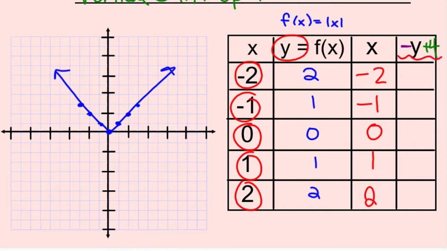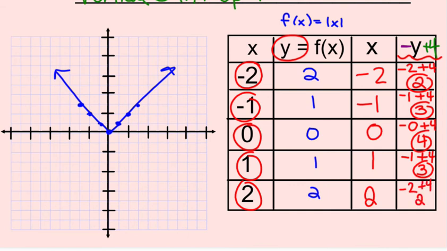So this you might want to do, not in your head, but writing it down. -2 plus 4 equals 2. -1 plus 4 is 3. -0 plus 4 is 4. -1 plus 4 is 3. -2 plus 4 is 2.